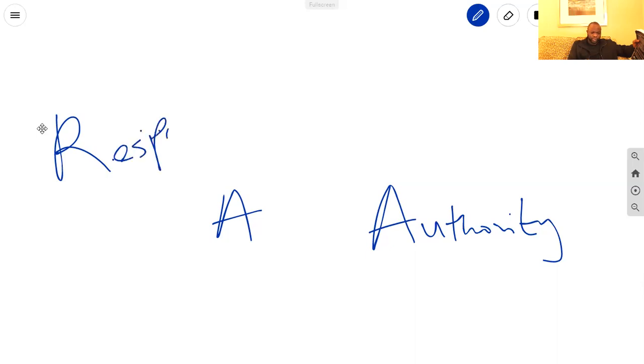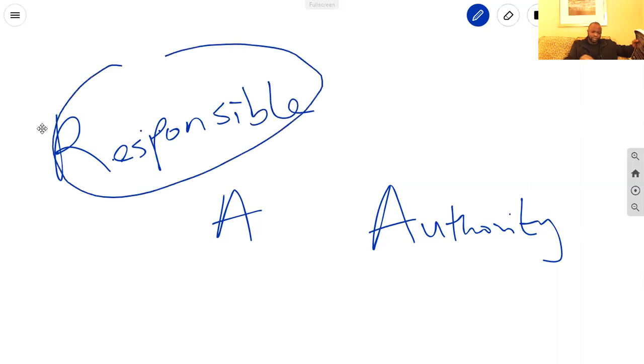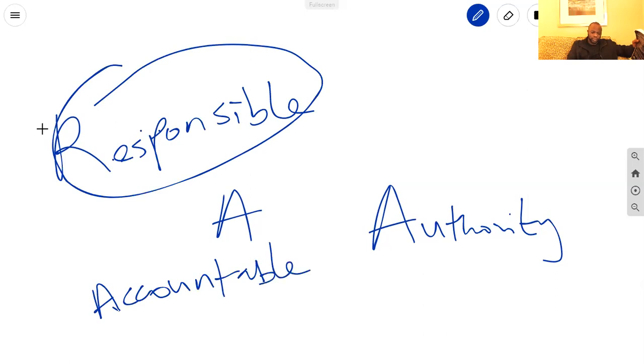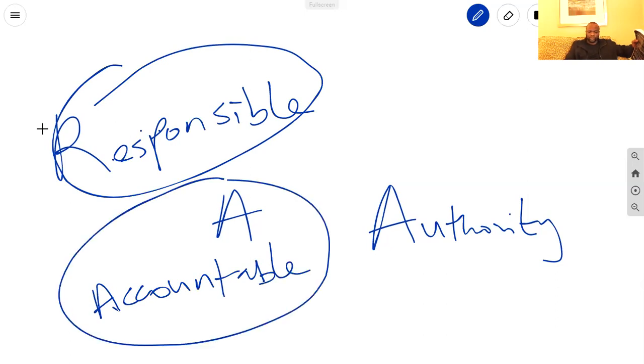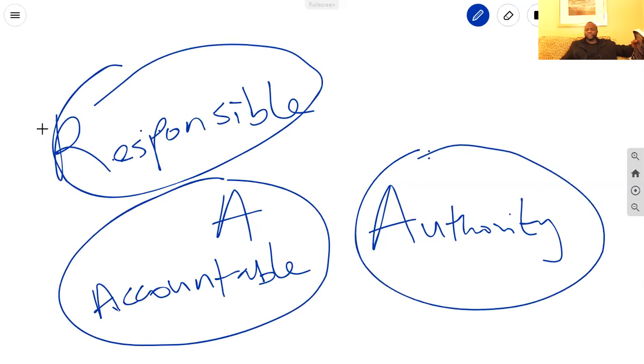What am I responsible for? What is the project manager responsible for, right? What is the project manager accountable for? Okay. And then what authority does the project manager have relative to other individuals in the organization?